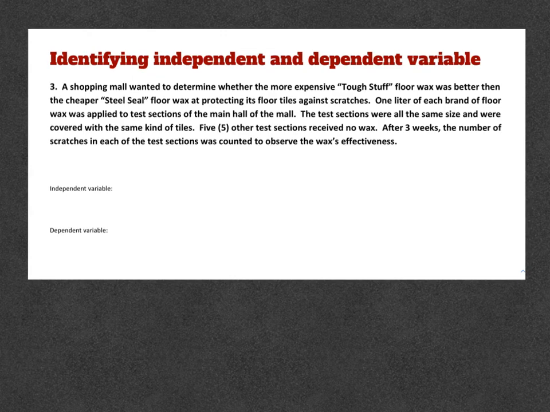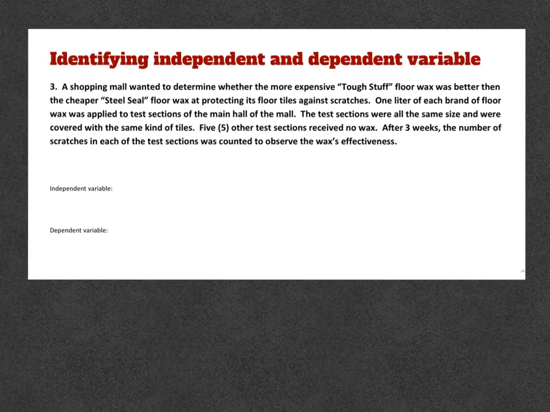Independent variable. What is the thing that you're checking there on purpose? What are you doing there? You're trying to find which floor wax is better. So what is the factor, or what is the thing that you're checking there?